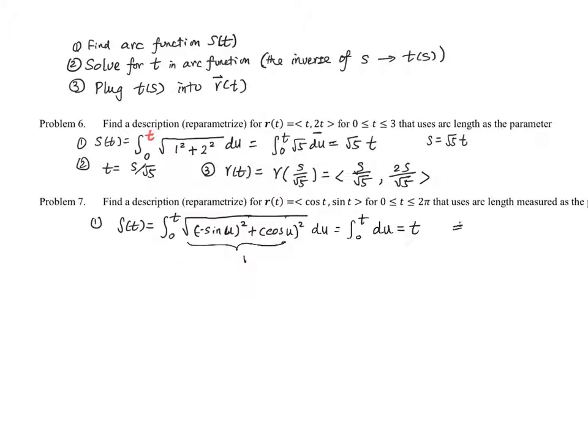Now what that means is s is just the same as t, so therefore I don't have to really solve for t, because it's already equal. So I can quickly reparameterize my function in terms of s, because they are equal.